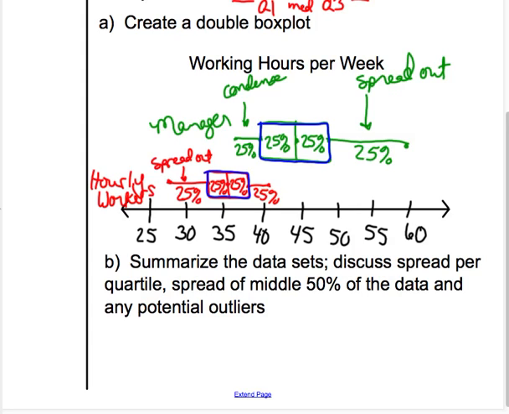Now the manager's boxes are a little bit wider than the hourly workers' boxes, so we could talk about that, comparing that the manager seems to work more hours than the hourly workers, and the manager's middle 50% of the data is slightly more spread out than the hourly workers' middle 50% of the data.